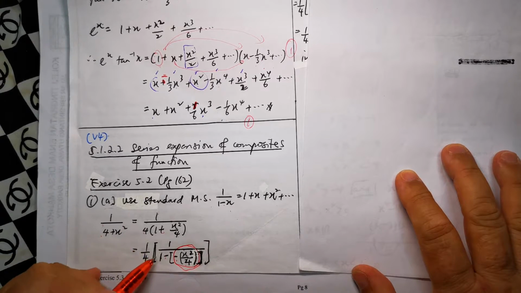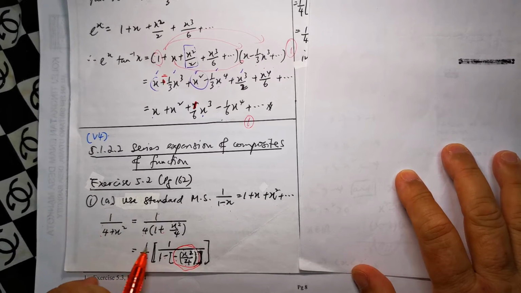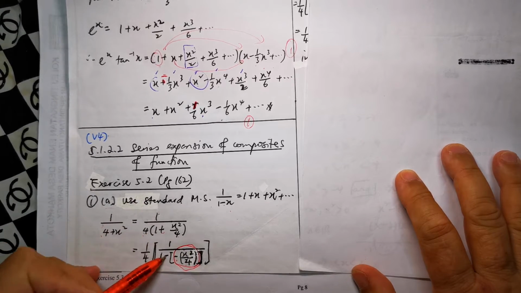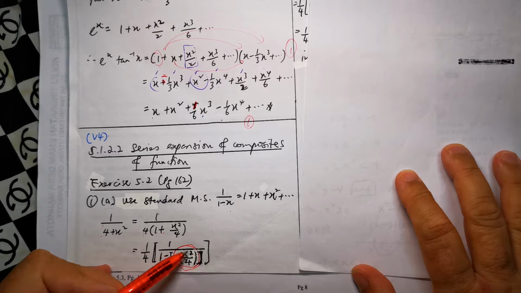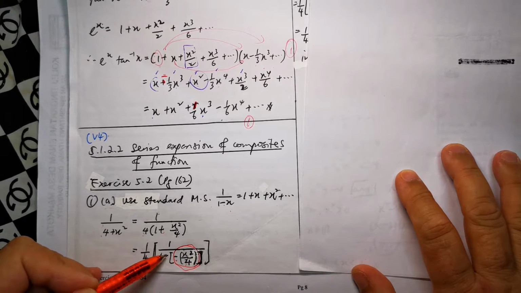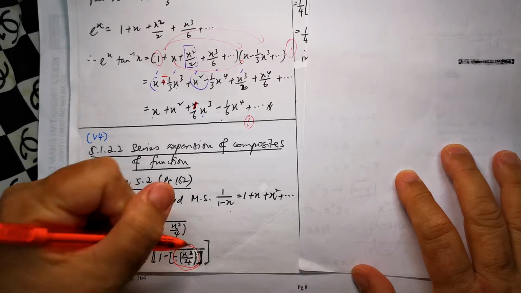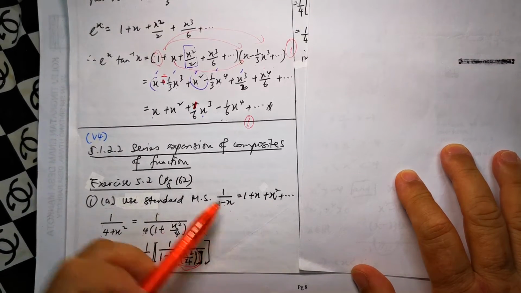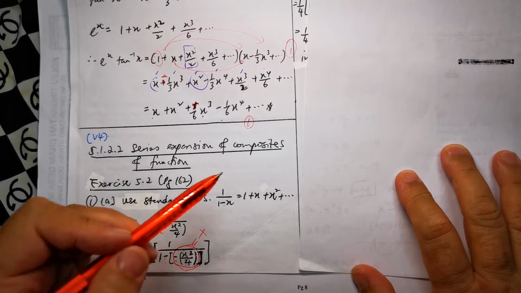So it becomes 1 over 4, we write it outside, so left 1 over 1 minus negative x squared over 4. Now it's in the form 1 minus x. So this whole thing is your x.